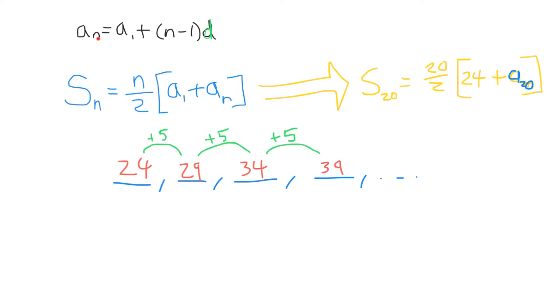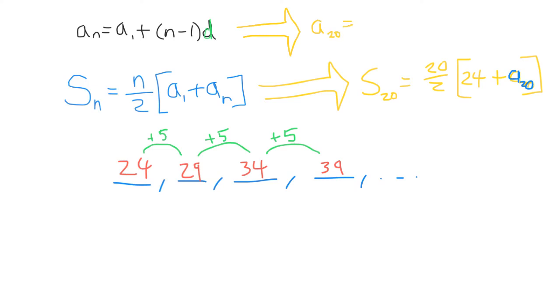That gives you a sub 20. In other words, that gives you the actual red number that's on top of the 20th blue underline. You can imagine 20 blue underlines, and the red number on top of that 20th blue one, we can find by using this formula. So that's what we're going to do right now. We are going to bring this formula into play and find a sub 20 by going through the motions.